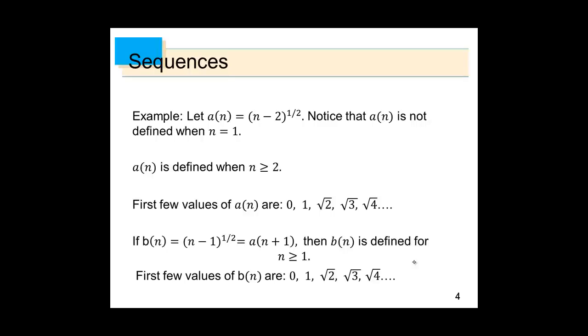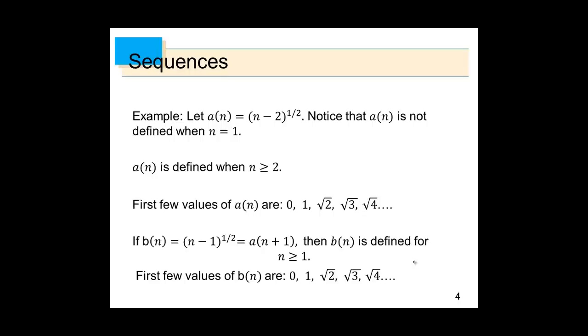The reason is we are still talking about the difference between negative 1, 0, 1, 2, and the sequence 1, 2, 3, 4. There is a one-to-one correspondence, right?